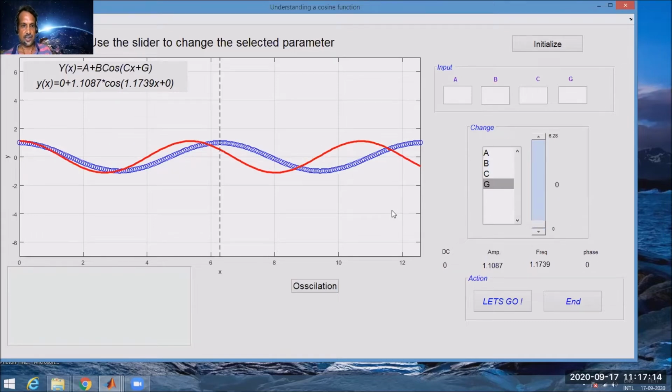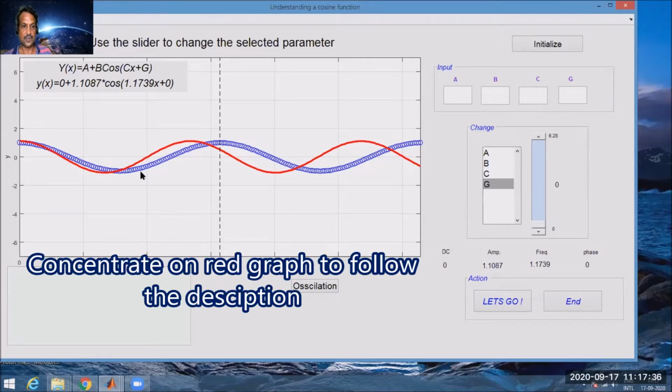So in today's simulation, let us look at a wave and understand cosine functions associated with visualizing a wave. As I said, there will be two cosine functions for a wave. If on the x-axis it's a spatial coordinate, then the y-axis represents the displacement of all the particles at a given time from their mean position.